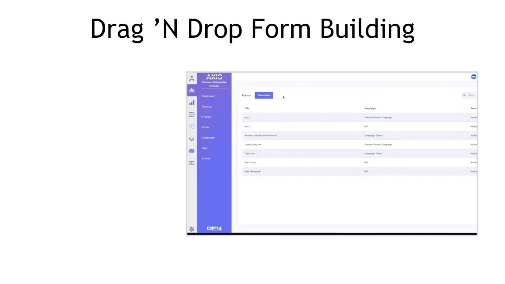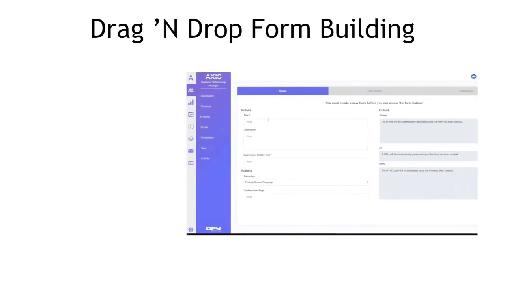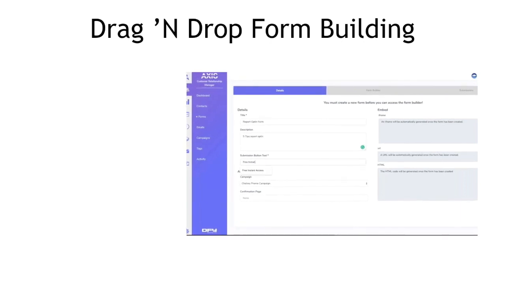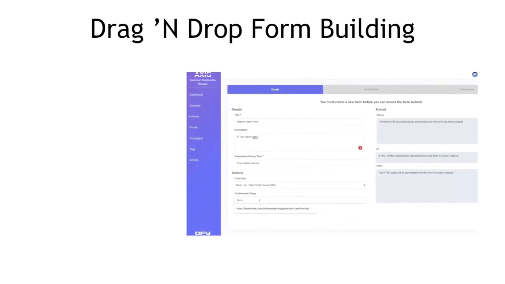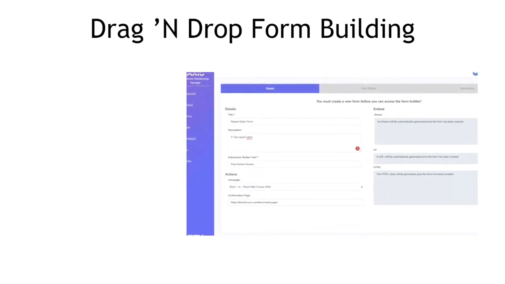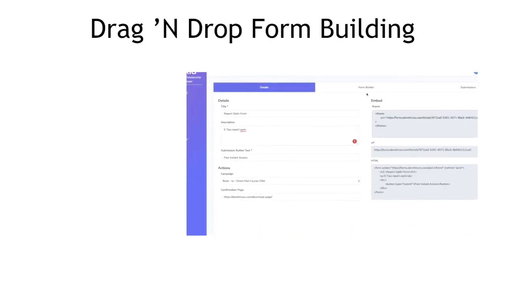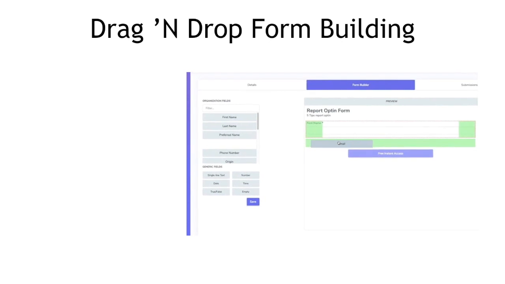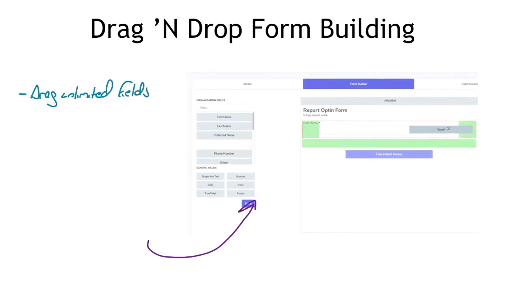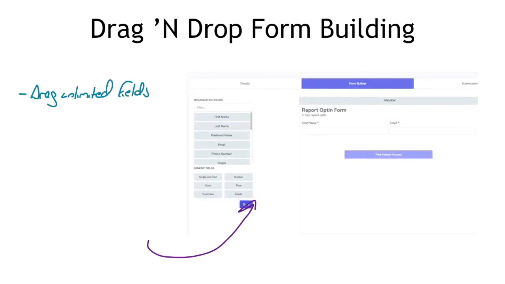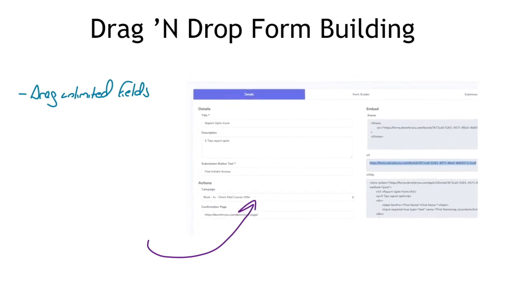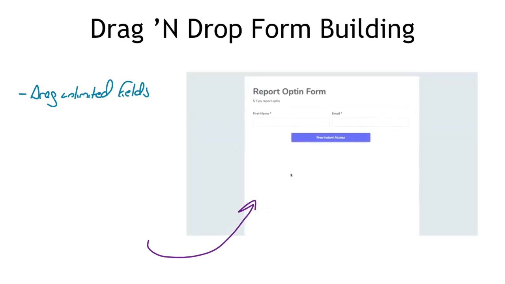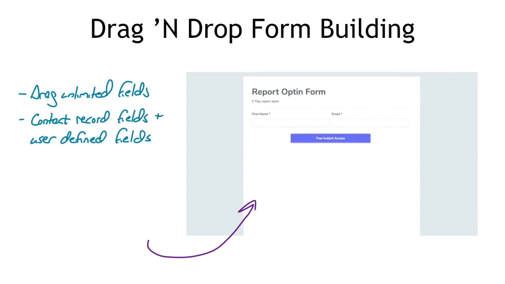One of the big problems with a lot of the software tools that we've used is the form builder sucks. And if the form builder sucks, then you're not able to request and ask for the information that you need. So what we did was we actually built it so you can drag unlimited fields into a form, very much like a Wufoo or SurveyMonkey or whatever.